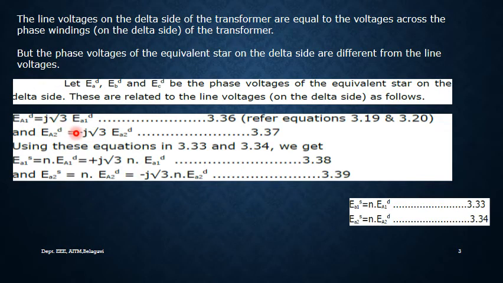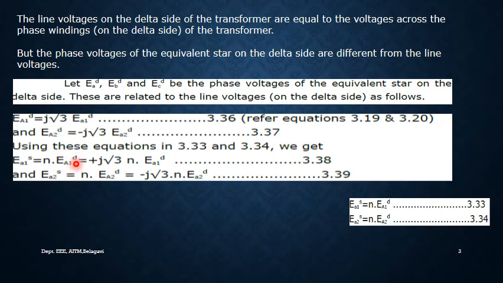By using these two equations, equation 3 and equation 4 respectively, we can get the phase voltage in terms of the star connected side, which will be equal to N times the voltage referred to the delta side.